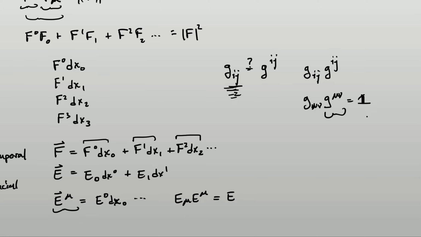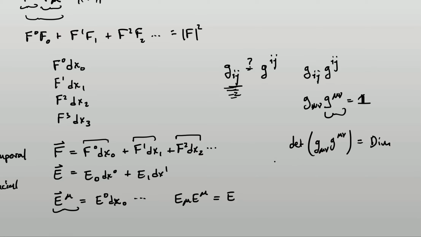So one is the inverse of the other, or our unit matrix. And the determinant of this G mu nu, G mu nu, is the dimensionality of our space. It's usually denoted n, but maybe so as not to confuse you, I'll just call it D. This is the dimensionality of our space.